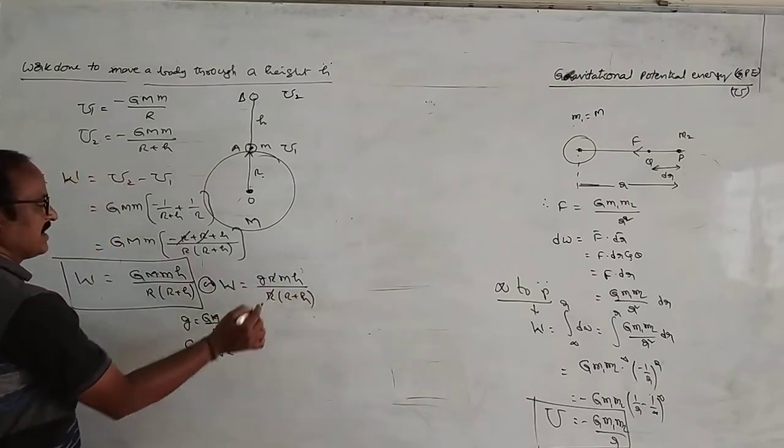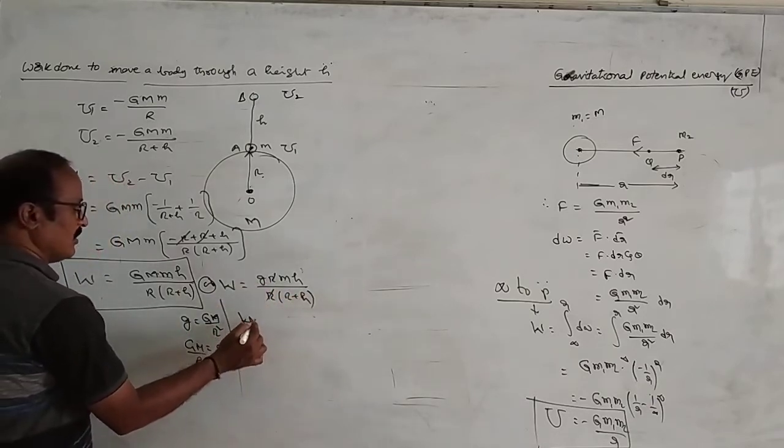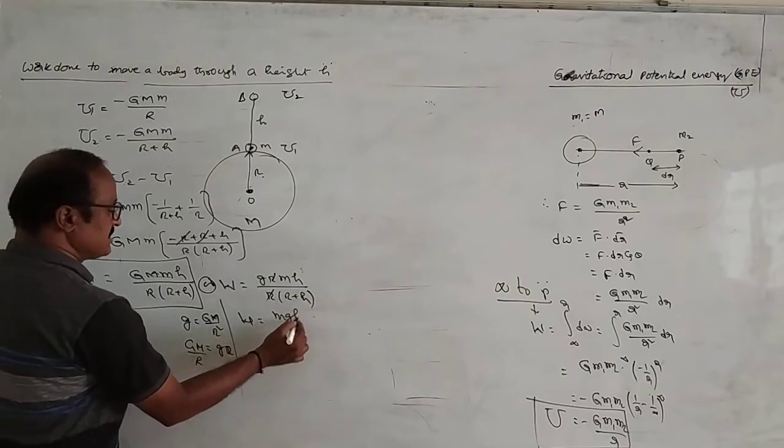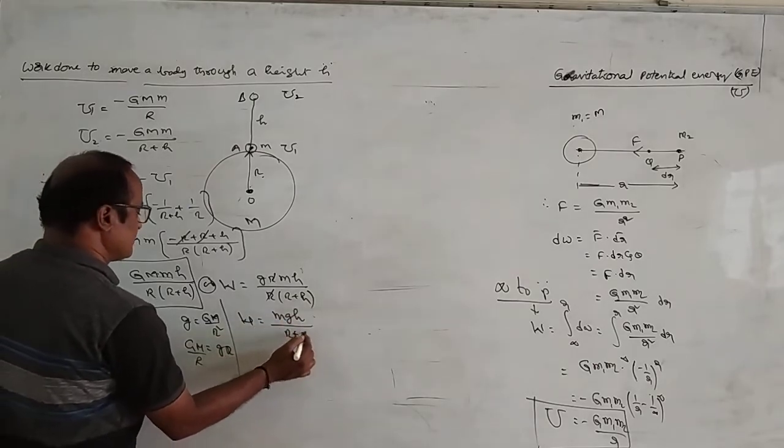So here one R is cancelled. Therefore, work done W equal to m g h by R plus h, with R multiplying.